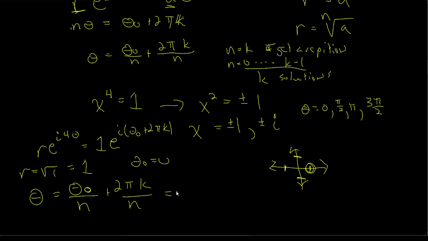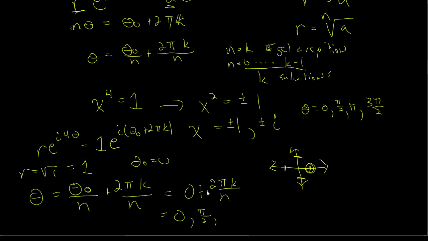So that means I'm going to start with 0 plus 2 pi k over n. And we know we need to start with 0. So the first one is 0 plus 0, which is 0. The second one will be 2 pi times 1 over 4, which is pi over 2.